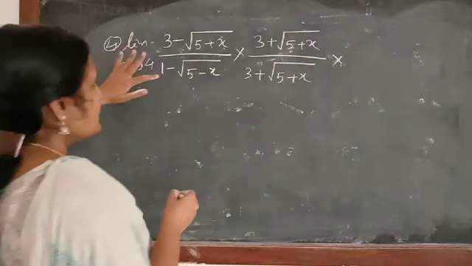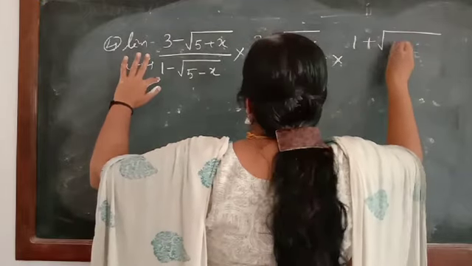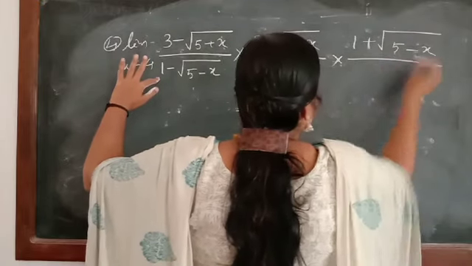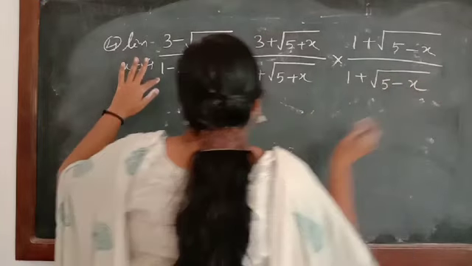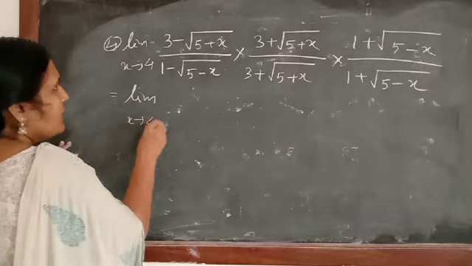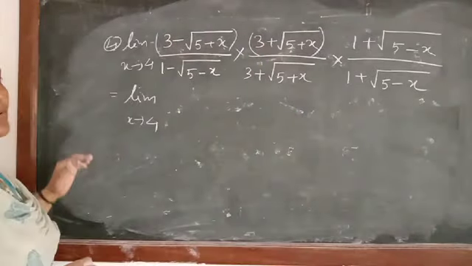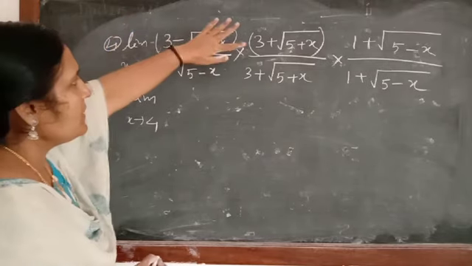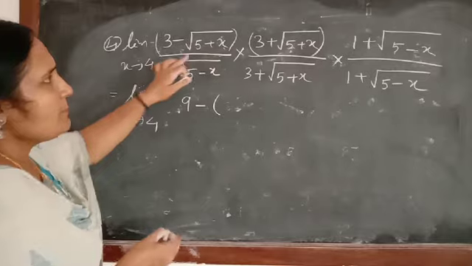Now we will rationalize the denominator. So it will come 1 plus square root of 5 minus x by 1 plus square root of 5 minus x. Now we will use the identity to simplify it. It is in the form of (a plus b) into (a minus b). So it will be equal to a square, 3 square, 9 minus b square.